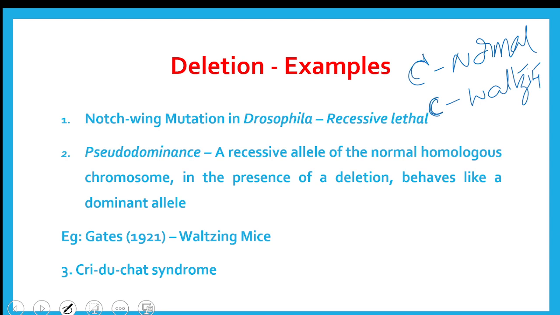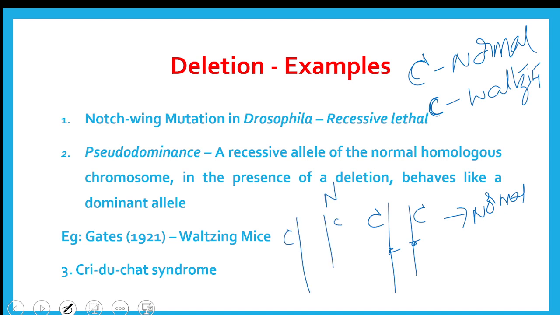So there are three different genotypes: capital C capital C, which will be normal; capital C small c, which will be normal but heterozygote; and small c small c, which is the homozygous recessive waltzing mouse.